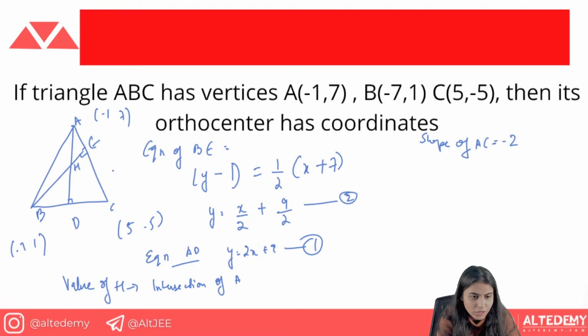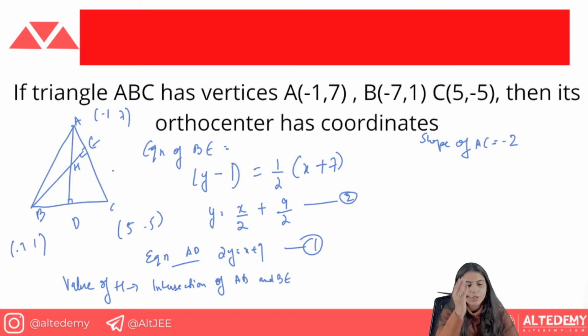Okay, sorry, I just made a typo. Okay, so this is 2y is equal to x plus 9, that is the intersection of AD and BE. We know H is the intersection of that, so simply we can just use the simultaneous equation method.